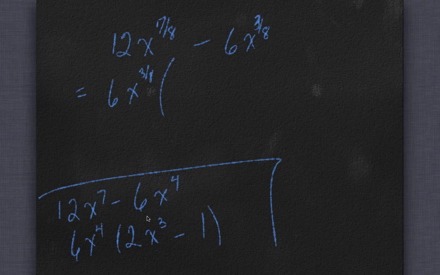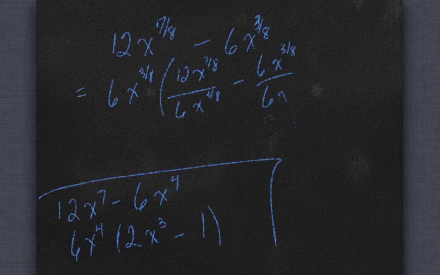So maybe I put a step in here. This you did in your head. Maybe this one you don't do in your head. So 12x to the 7/8 divided by 6x to the 3/8 minus 6x to the 3/8 divided by 6x to the 3/8. So 12 over 6 is 2, and I have x to the 7/8 minus 3/8.